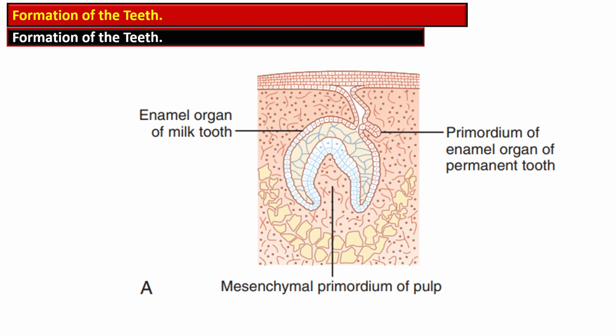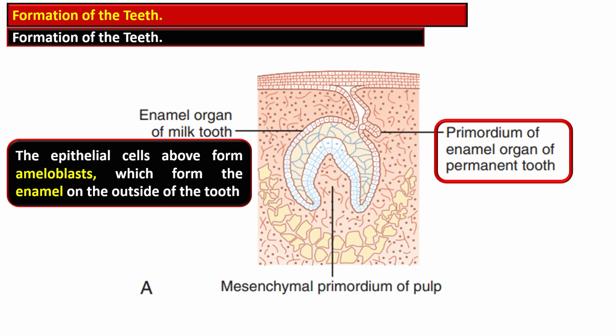The formation of the tooth starts with the invagination of the oral epithelium into the dental lamina. This process initiates the creation of a tooth producing organ, and above the developing tooth, the epithelial cells differentiate into ameloblasts.